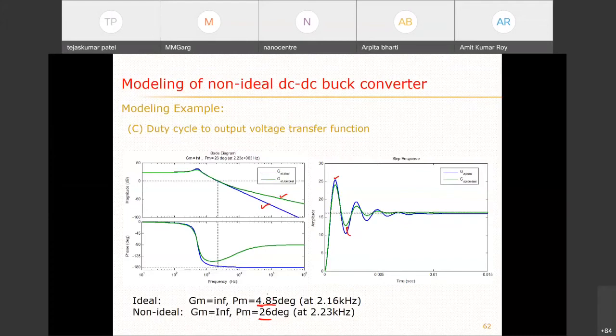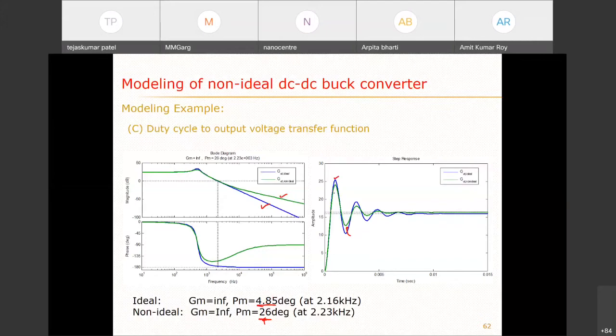This phase margin is 4.85 degree in the ideal case. In the non-ideal case, the phase margin is 26 degree. And when we see the corresponding time response, the blue one is for the ideal case, the green one is for the non-ideal case.